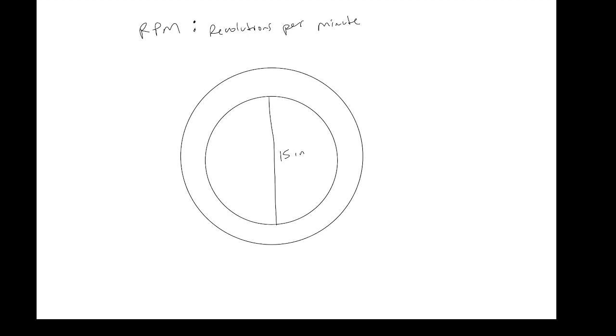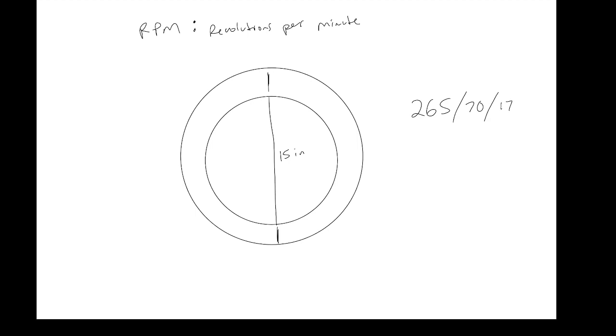So let's just go ahead and take this 15-inch wheel here, and then it has this aspect ratio. For example, if you look at my tires, or any of your tires, you'll see these three numbers. I've got a 265, 70, 17.